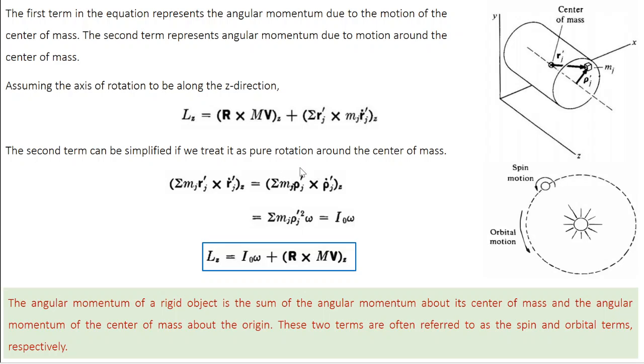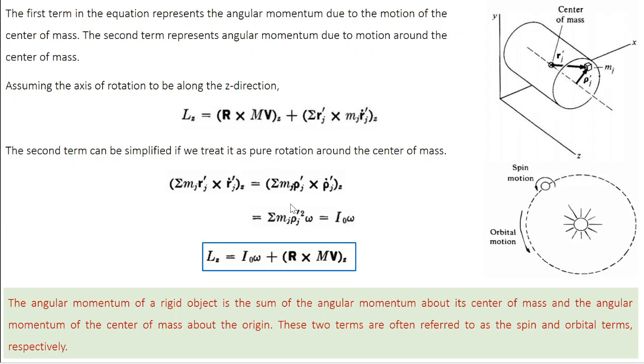Now we can simplify this even further. Rho j is the radius, rho j prime dot is the velocity. In the case of pure rotation, radius and velocity are always perpendicular to each other, so you can replace the cross product with a normal product of the corresponding magnitudes.